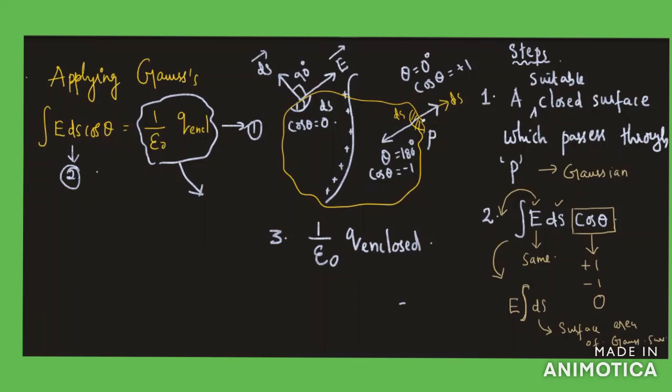After finding it, we can equate steps 2 and 3, which gives E into integral ds equals 1 by epsilon 0 q enclosed, and we can use this equation to find out the electric field due to the charge configuration. Now we know the steps to be followed to find out the electric field due to a charge configuration by applying Gauss theorem, isn't it?